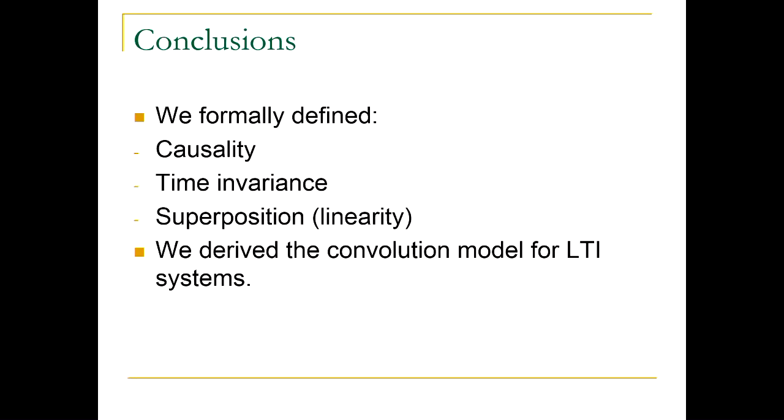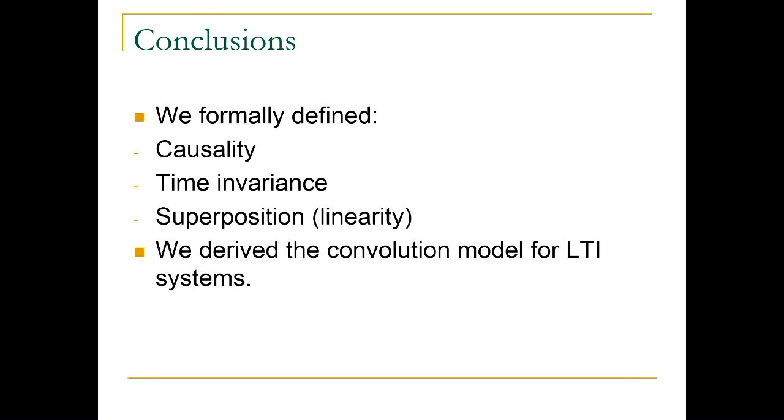And then we also derived this convolution model. So note that the convolution model is a consequence of these basic properties, right? Now, because in nonlinear systems superposition doesn't hold, we cannot have a convolution representation.